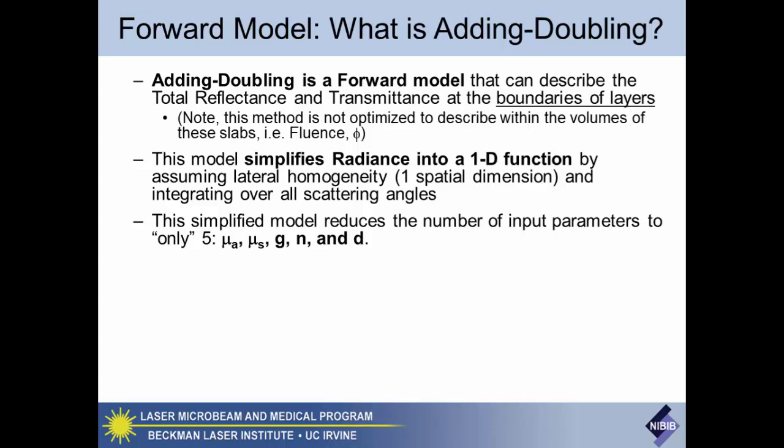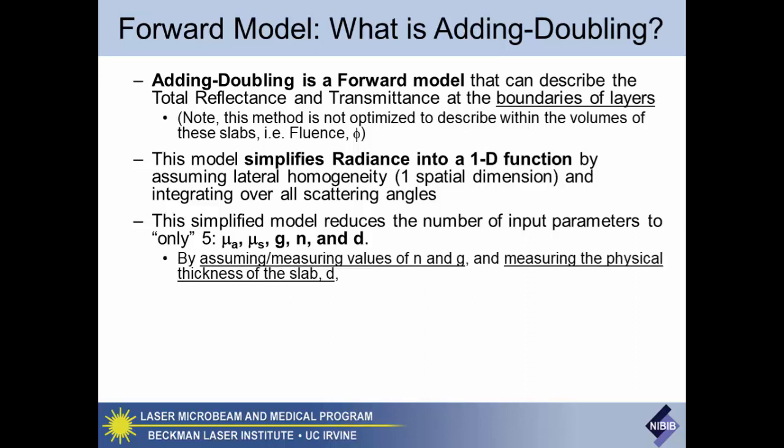So again, talking about the ill-posedness of the problem, having 5 input parameters is not as daunting as it could be. So the nice thing about having these 5 parameters is the fact that we can further reduce it by either independently assuming or measuring the values of index and anisotropy.